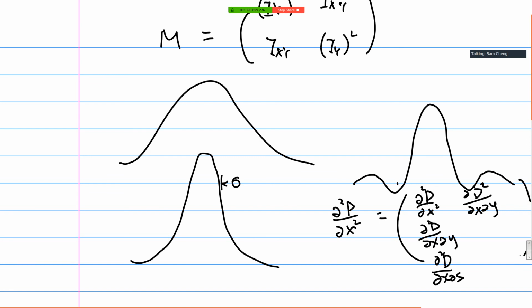You see that. So maybe I fill in the entire thing. Partial y squared. I think I use sigma. Okay, sigma squared, something like that. So this is partial d squared partial y partial sigma, something like that. And of course the matrix is symmetric.